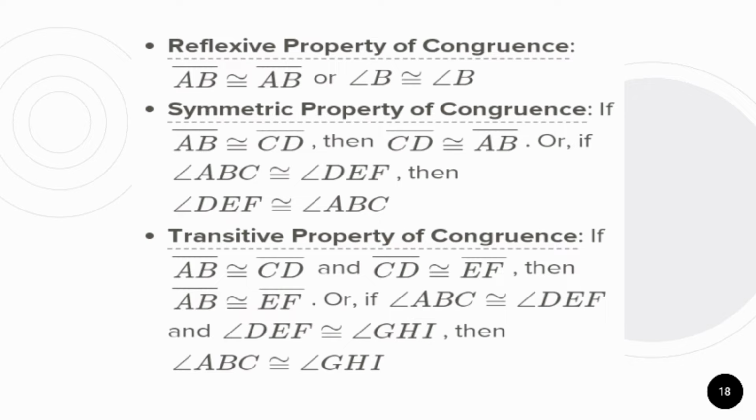Next property is the transitive property. When a relation has a transitive property, then two things that relate to a common middle thing also relate to each other. So if segment AB is congruent to segment CD and segment CD is congruent to segment AF, then segment AB is congruent to segment AF.